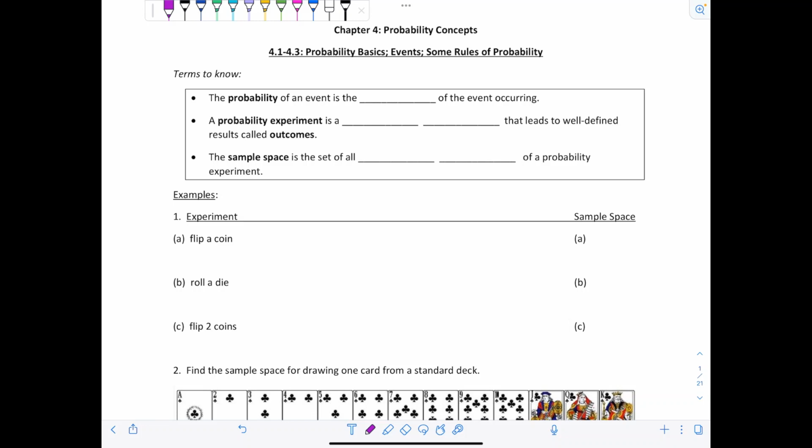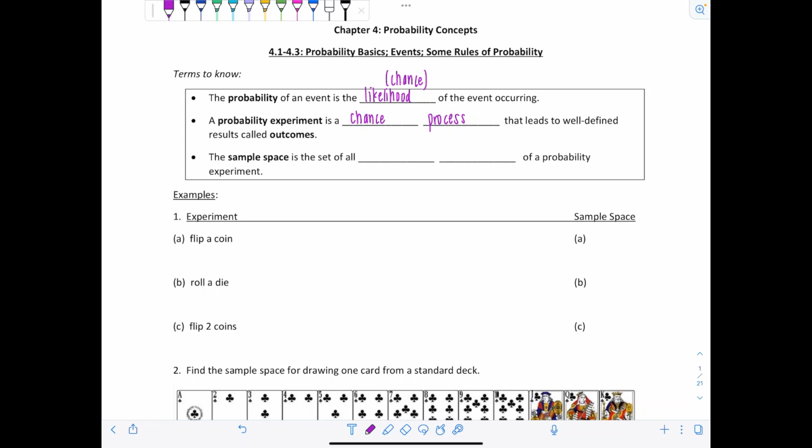So, terms to know. The probability of an event is the likelihood of the event occurring. You could also think of it as the chance of the event occurring. A probability experiment is a chance process that leads to well-defined results called outcomes, something that could usually be replicated.